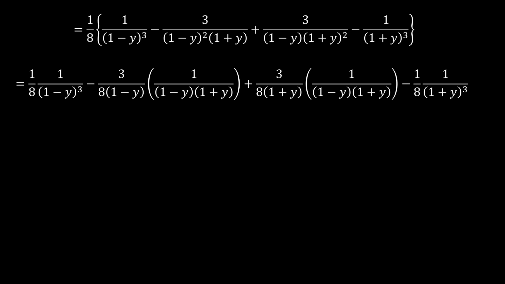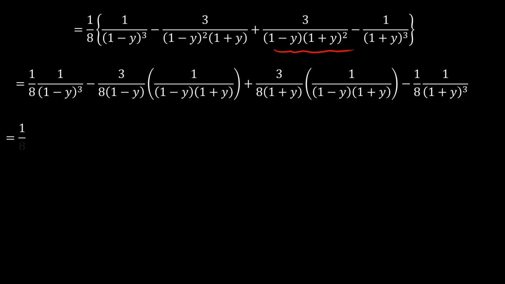And then because we want to again use partial fractions here to make this a little bit simpler, the same thing we did here. And then this one obviously is just minus 1 over 8, 1 over 1 plus y cubed.